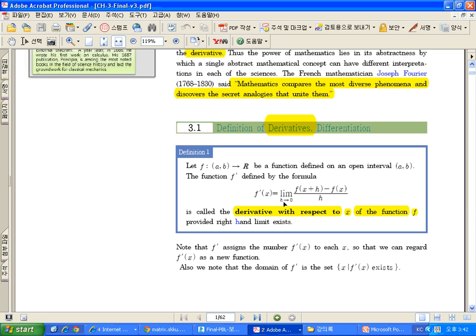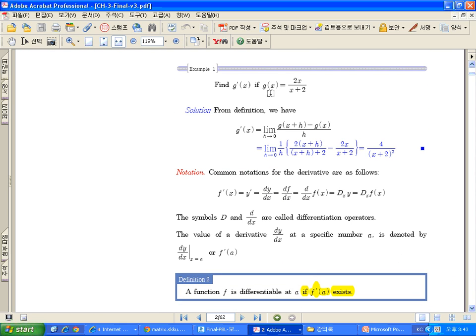So if this limit does exist, then we call this value the derivative of f with respect to x. This definition applies when this limit exists. When it exists, we write it as f prime of x, and we call it the derivative of f with respect to x.